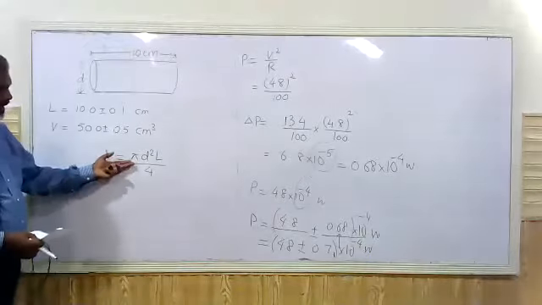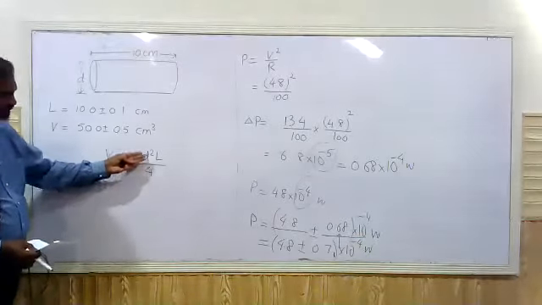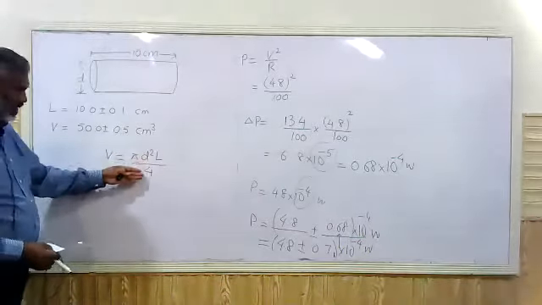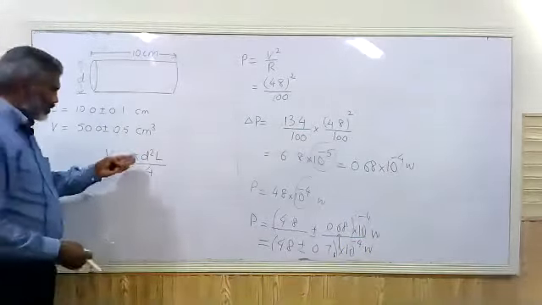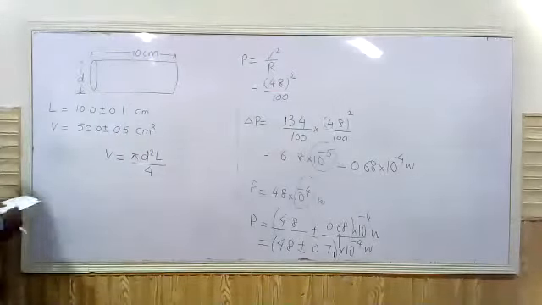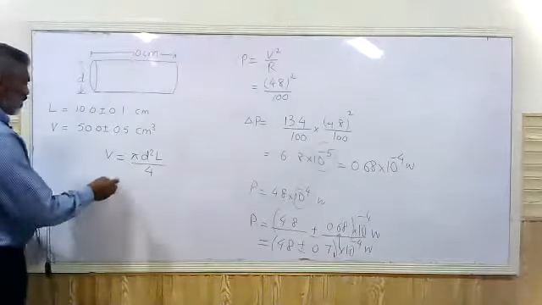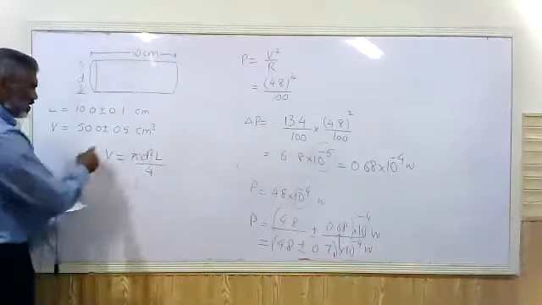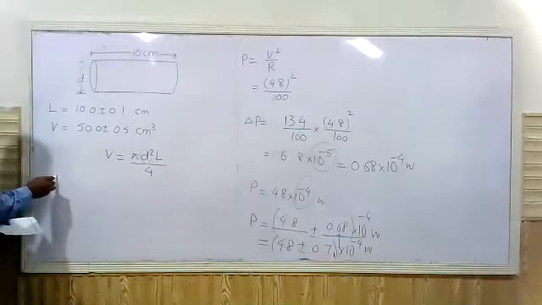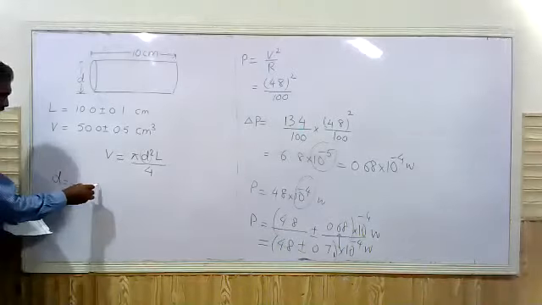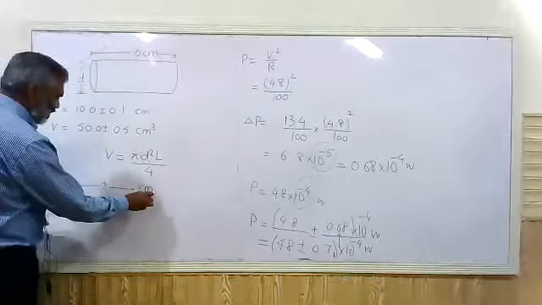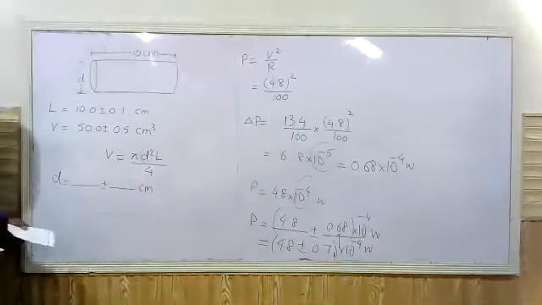So pi d square, this could be pi r square L basically, but when you replace r by the diameter, it becomes d over 2 square, so that is d square over 4. So this formula is used to determine the value of diameter and the uncertainty in it. The question is, what is the diameter equal to, and what is the uncertainty in it in centimeters? So this is the question.